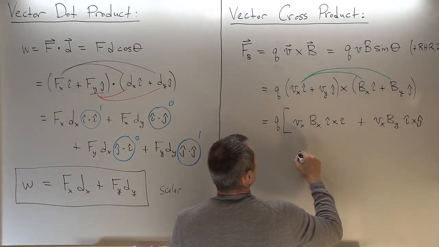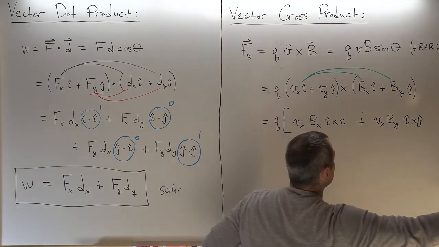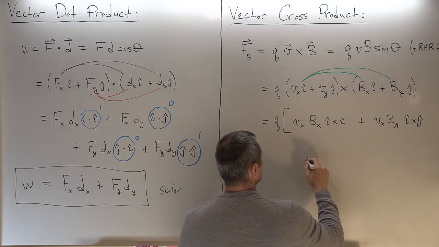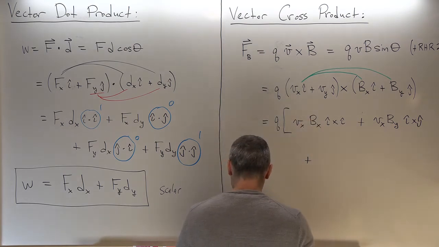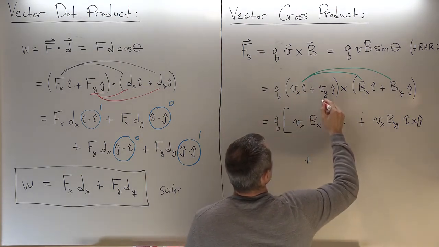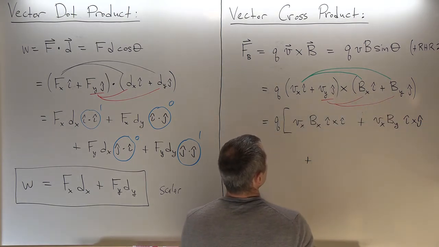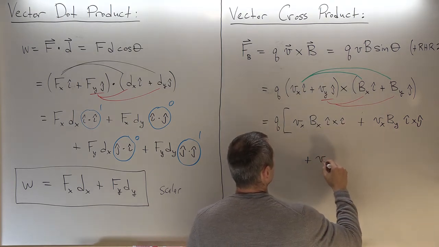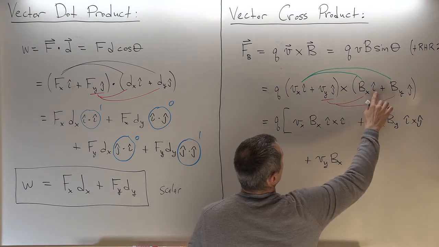And then, maybe I'll make a little bit more space. So then I will next take this term and distribute it over to those two terms. In other words, Vy Bx and then j hat cross i hat.